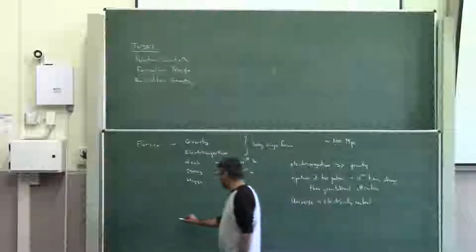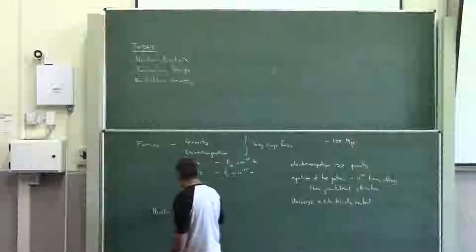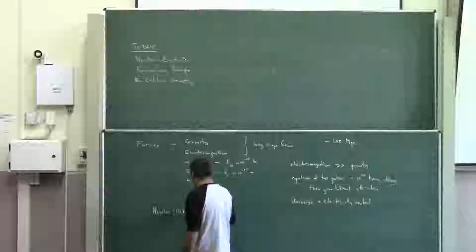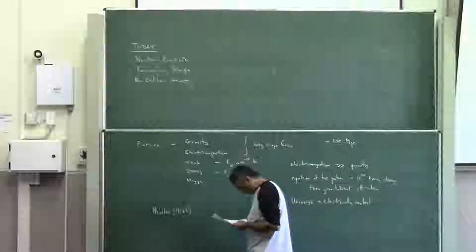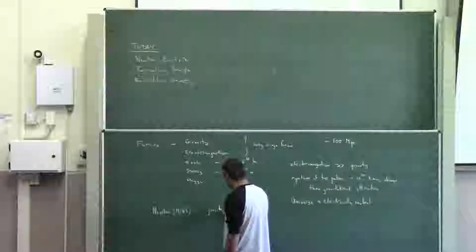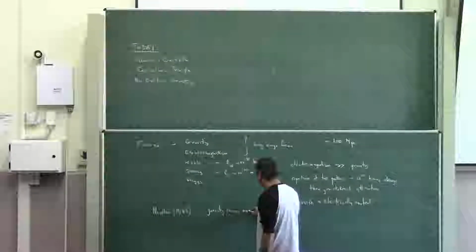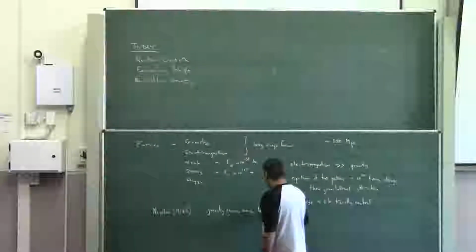So, Newton, around 1687, in his Principia, presented the idea that gravity causes masses to attract.